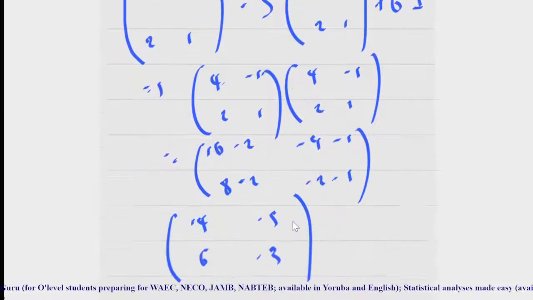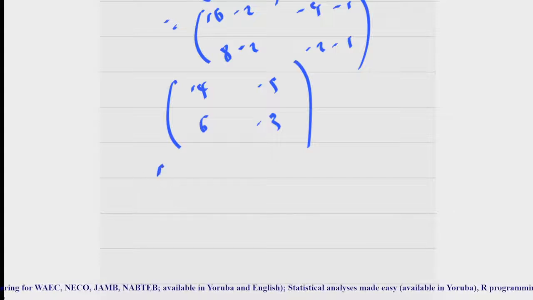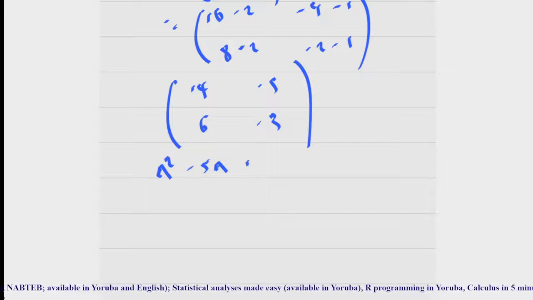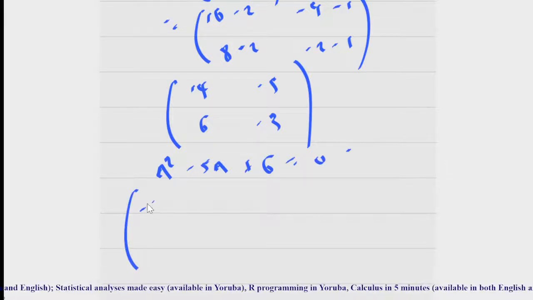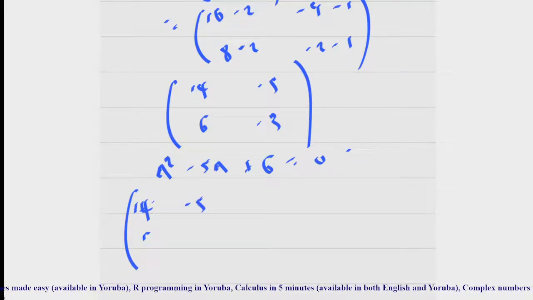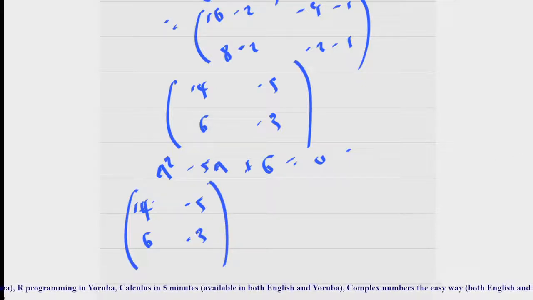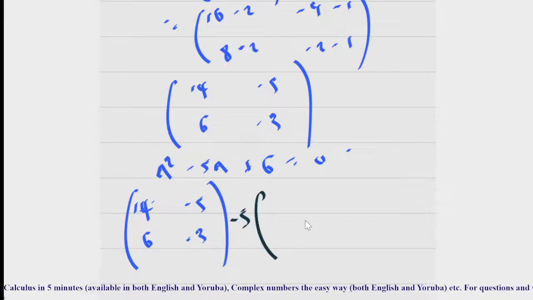Then if you go back here, you have that A squared minus 5A plus 6 should give me 0, right? And my A squared is this: 14, minus 5, 6, minus 3. Then minus 5A. What is your A?